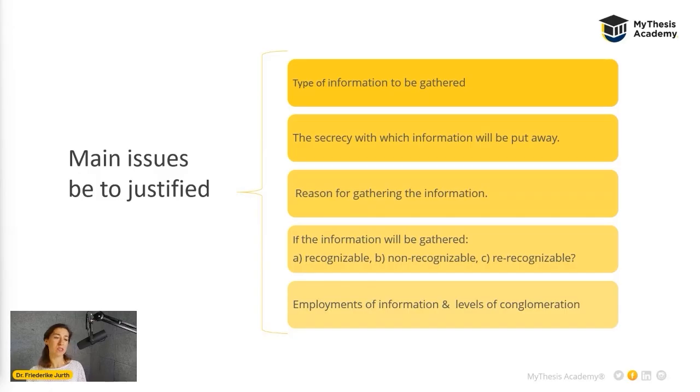Then you also need to justify the secrecy with which the information will be put away. You also need to make your reasons for gathering this information clear. And then you should inform about how the information will be gathered.